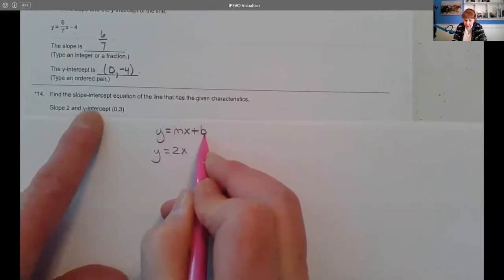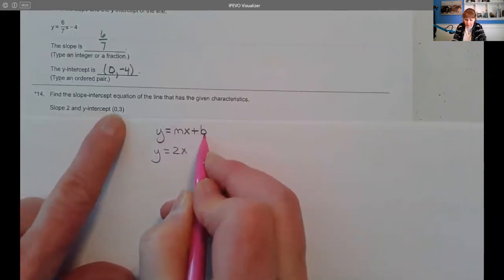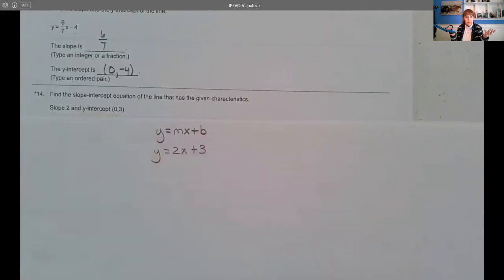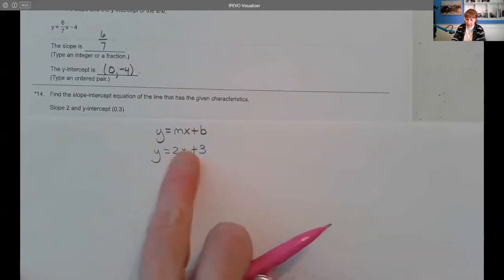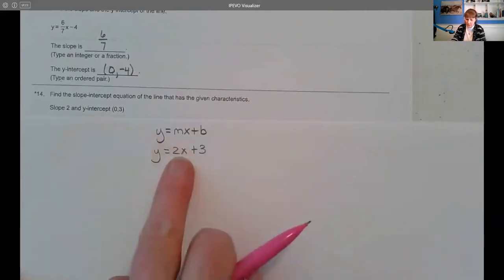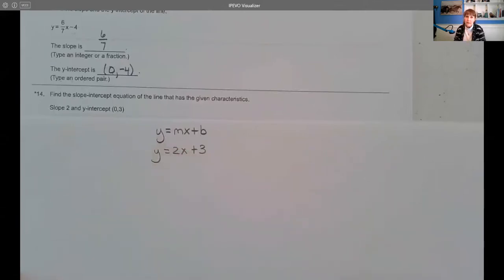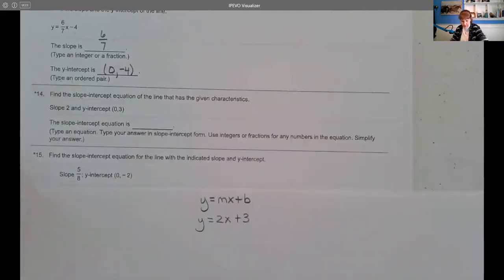The b is the y-intercept, which is the 3. You're done. Y equals 2x plus 3. So this equation has those characteristics. It has a slope of 2 and it'll hit the y-axis at 3. Great.